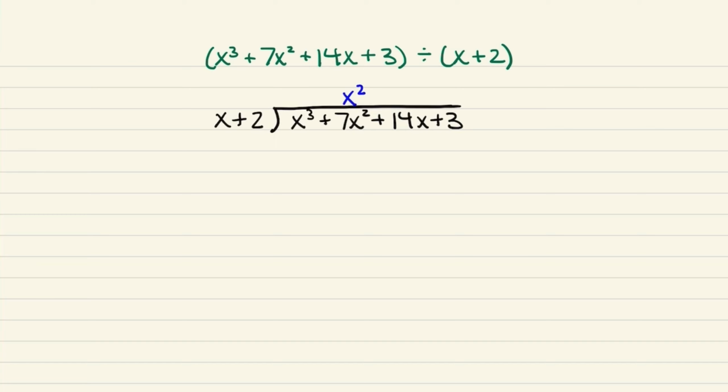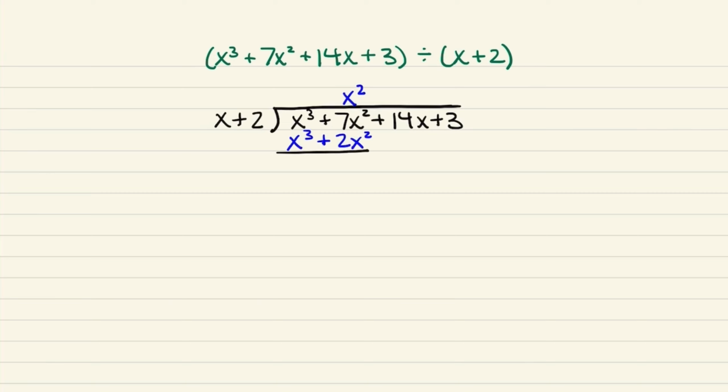Now I multiply this whole thing times this value we just put up here. x times x squared gives us x cubed. 2 times x squared is positive 2x squared.